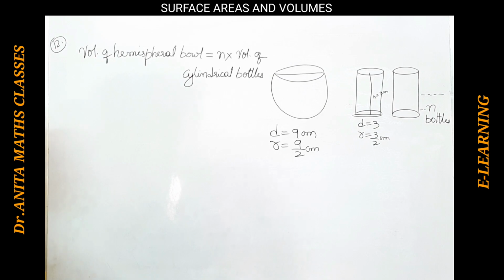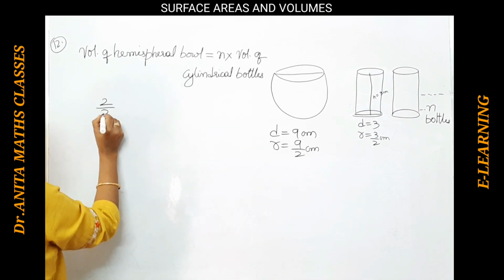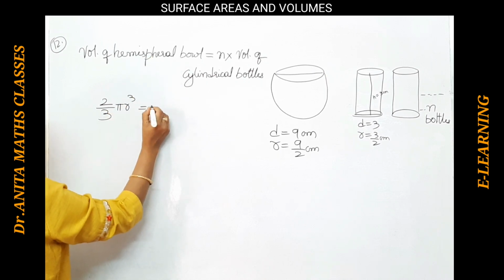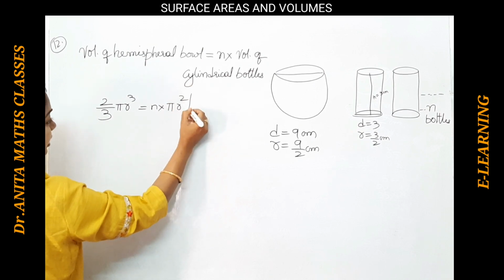The volume of the hemispherical bowl, we know the formula of the hemisphere, 2 by 3 pi r cube, is equal to n into the cylinder volume, pi r square h.